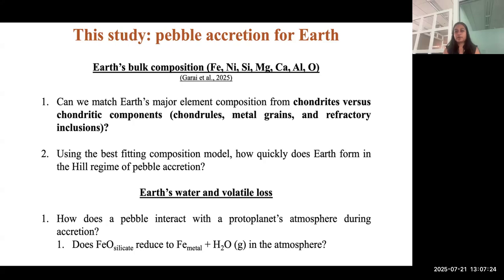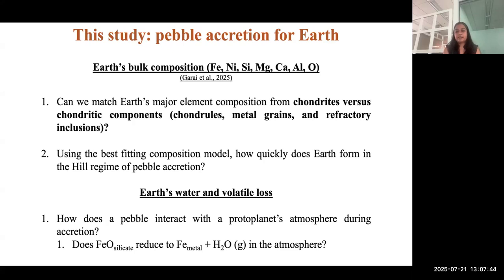Chondrites are one possibility, and the next possibility is chondritic components. Then, from that best-fitting model, how quickly does Earth form?